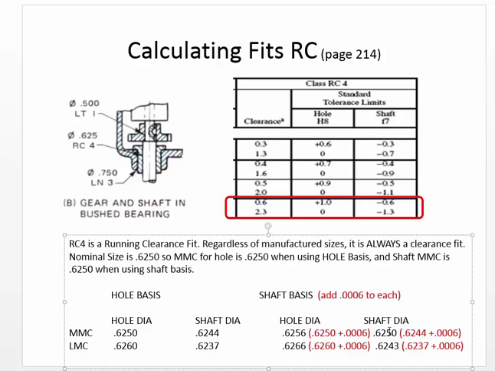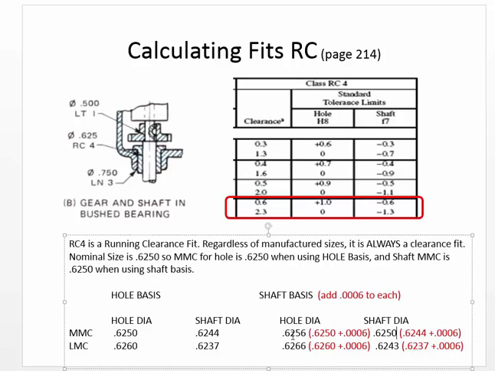If we're going to add that to that number, we have to add the same value to all 4 numbers in order to make the range consistent across the two different bases. So what happens when we add 6/10 down here? We add 6/10 to 623 and 7/10, which is what we had under hole basis, and we get 624 and 3/10. We go back to the hole now. The hole started at 625 thou.